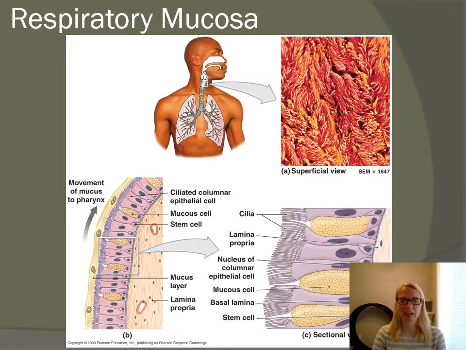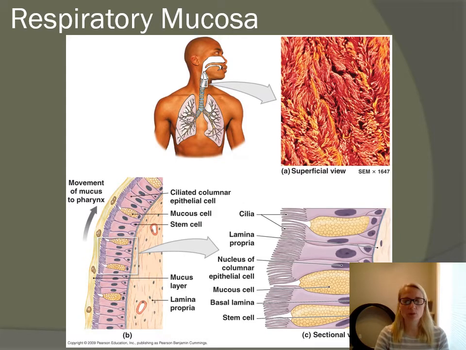We're going to see these serous membranes again in the pleural cavities with the visceral and parietal pleura. But remember, mucosa are the membranes that line cavities that are open to the outside environment. So that's your respiratory tract, your digestive tract, your urinary tract, your reproductive tracts.